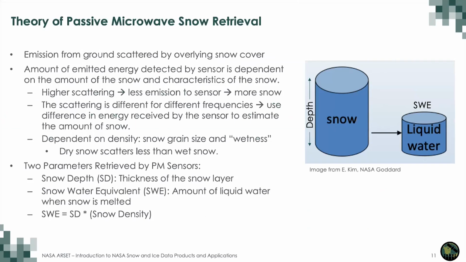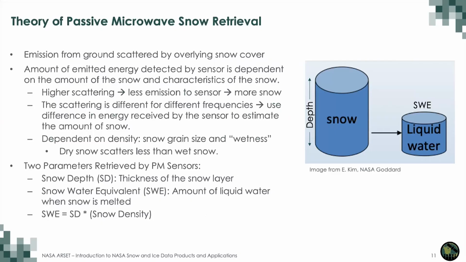So basically, higher scattering means you get less emission to the sensor. That means there's more snow. And as I mentioned, it varies by frequency as well. So we can use the difference in how much energy gets to the sensor from different frequencies, and that can give us a sense of the amount of snow cover.